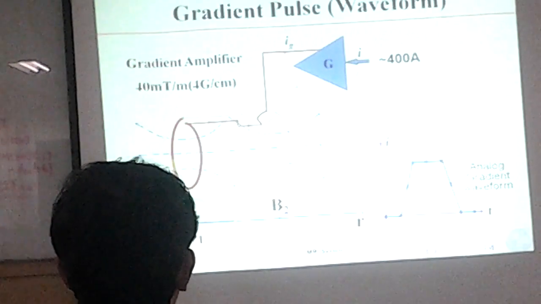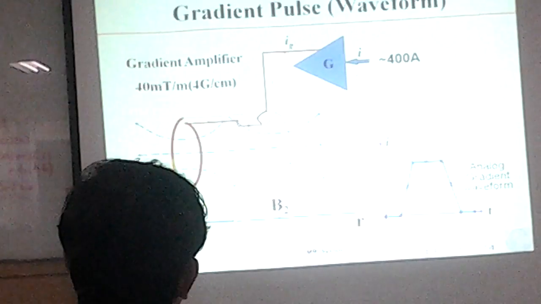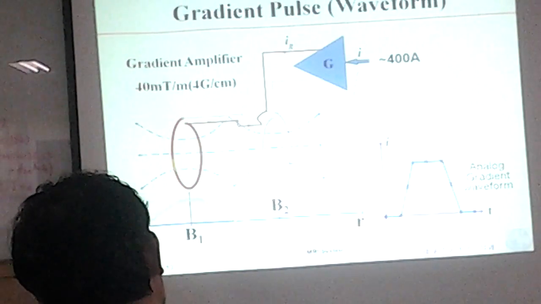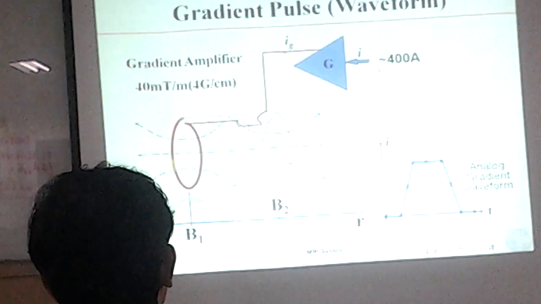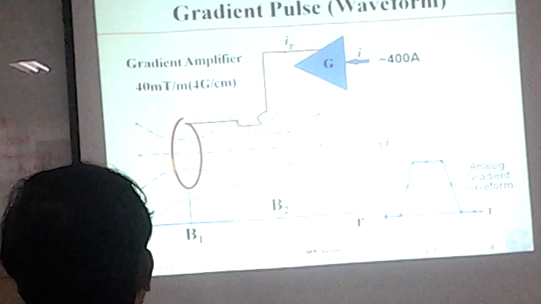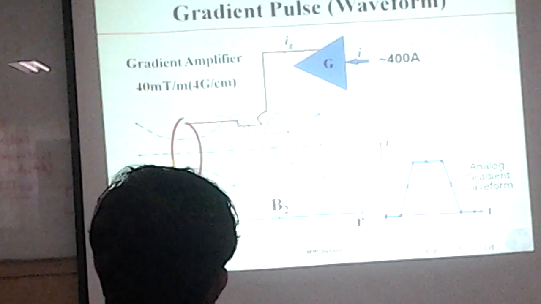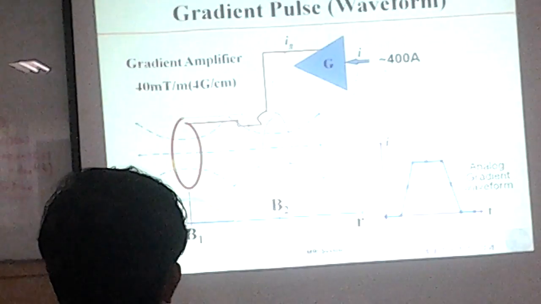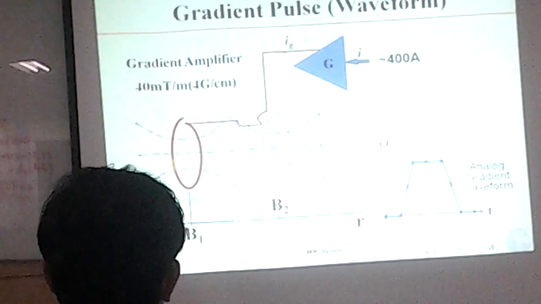The output current range is more than 400 amperes. About 5 or 6 years ago, I heard that the maximum gradient system rating of the gradient amplifier was 600 amperes. So it's a very high power current amplifier.